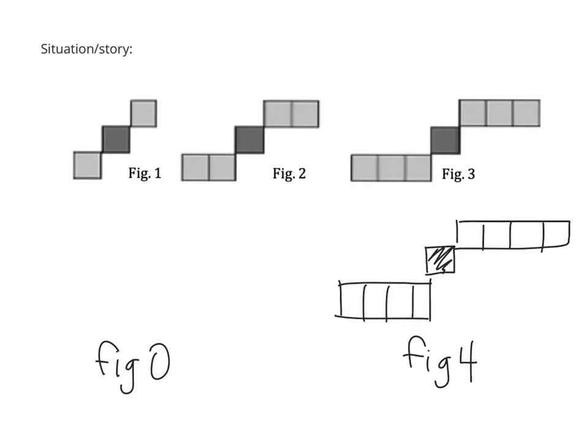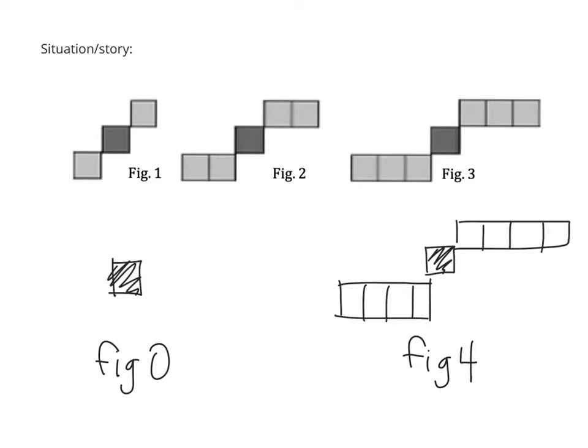Mine aren't drawn to scale. And then for figure 0, what do you think? I'm thinking just that center box, because I'd have no tiles across the top. So I have figure 0, figure 4. As we're talking through this, we might say each time I'm adding 2 tiles.